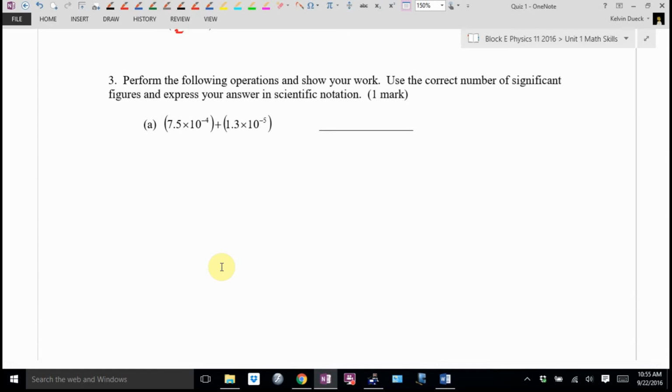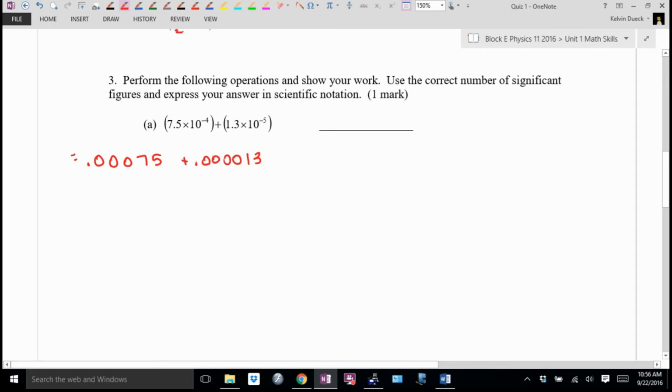Okay. We said for adding and subtracting, what you need to do is rewrite it vertically. But first, I need to unscientific notation these, or, the fancy phrase, put it in standard form. First thing I'm going to do is write this as 0.00075. And I'm going to write the next one as 0.000013.